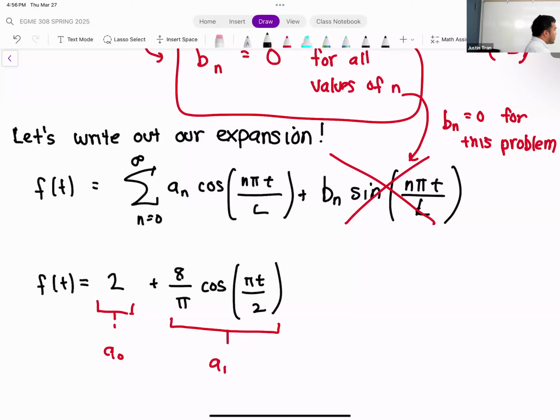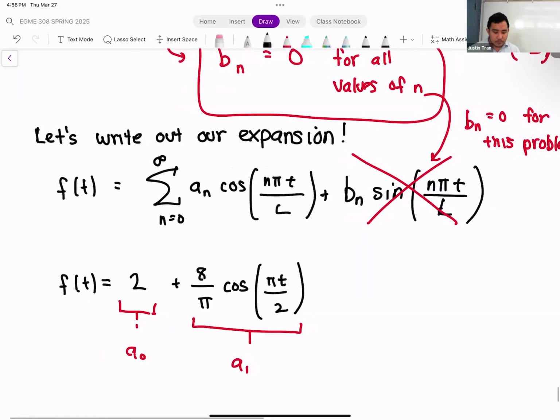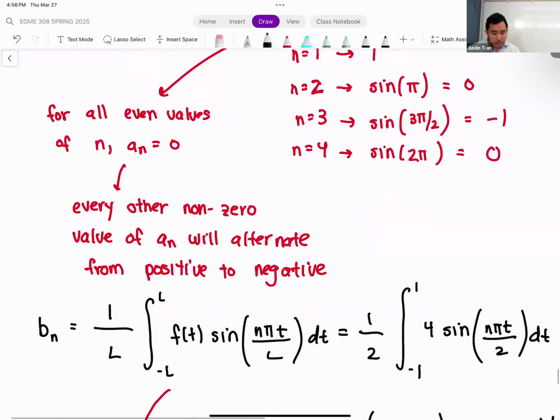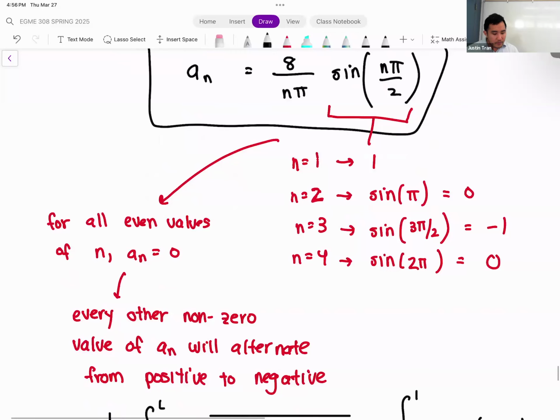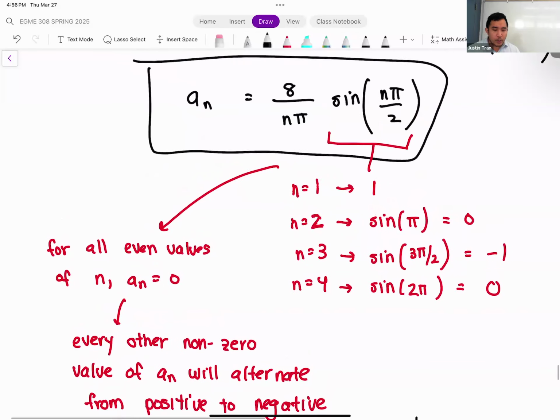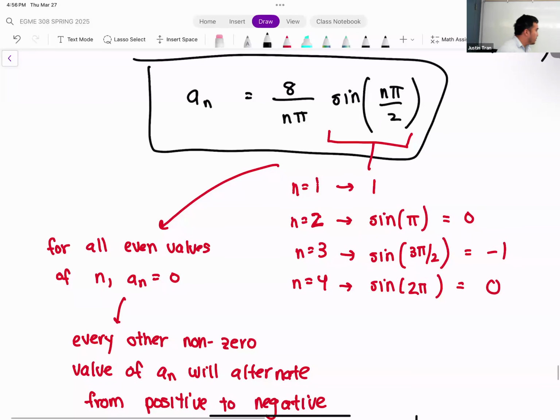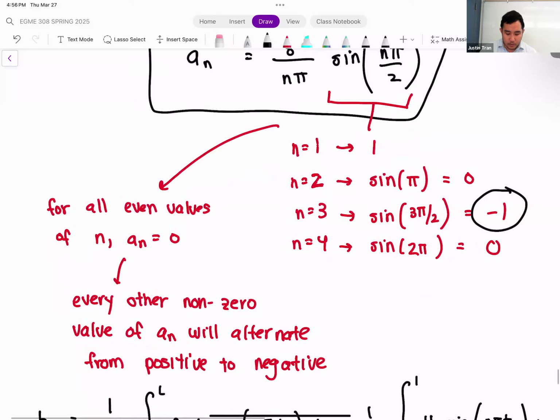We know that A2 is equal to 0, right? We established earlier in this problem that for all even values of n, an is equal to 0. So we're going to skip A2 because A2 is going to be 0. Next one we're going to have is A3. But we need to remember that for A3 the sign is going to switch, from +1 to -1.